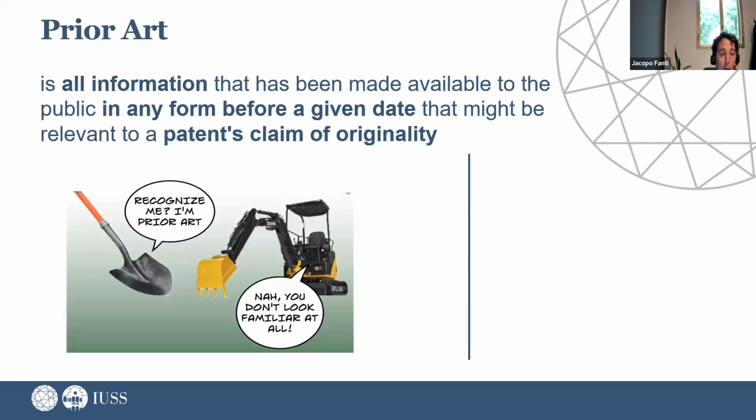So when we talk about prior art, we refer to all information that has been made available to the public in any form before a given date that might be relevant to a patent's claim of originality. So prior art is any evidence that your invention is already known, and so it is not new.